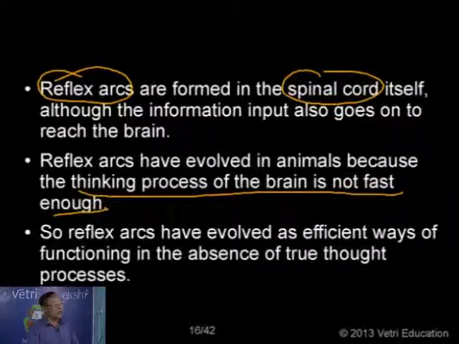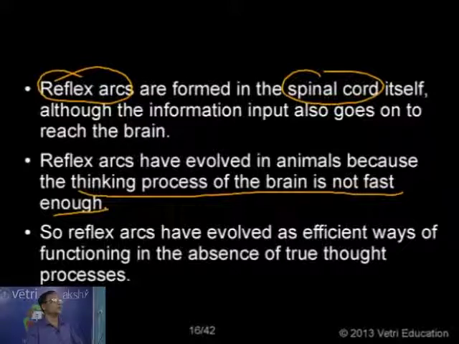So in order to make actions very effectively, even in the absence of the cerebrum or the brain, we have reflex activities. Almost all reflex activities developed to increase the efficiency of an organism to respond to a particular action very quickly and effectively.